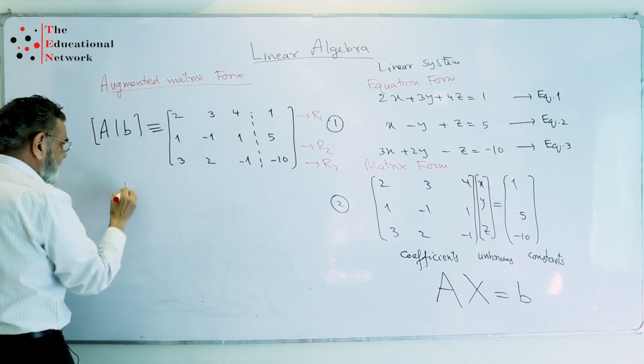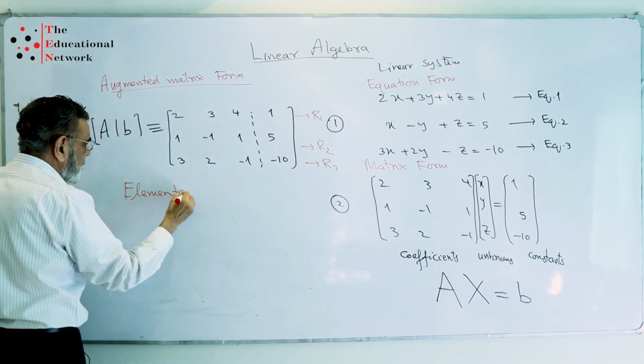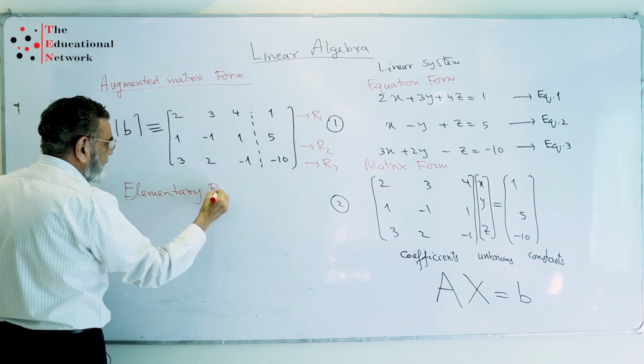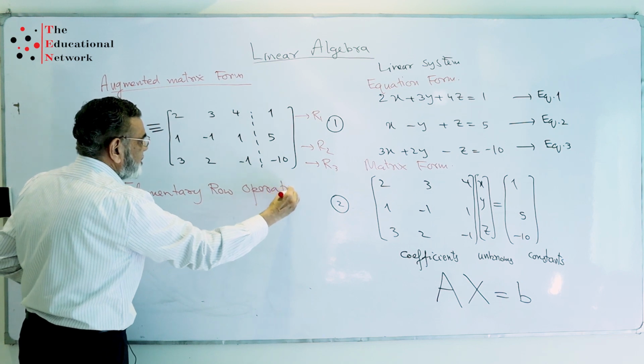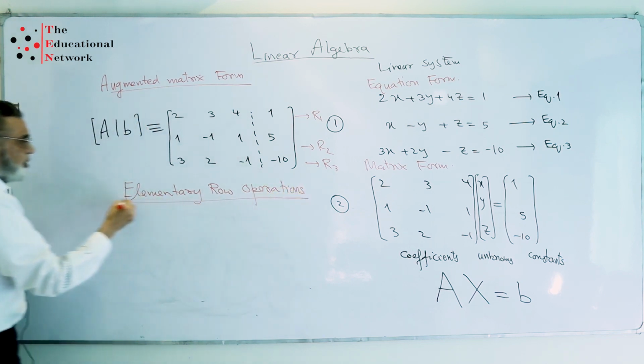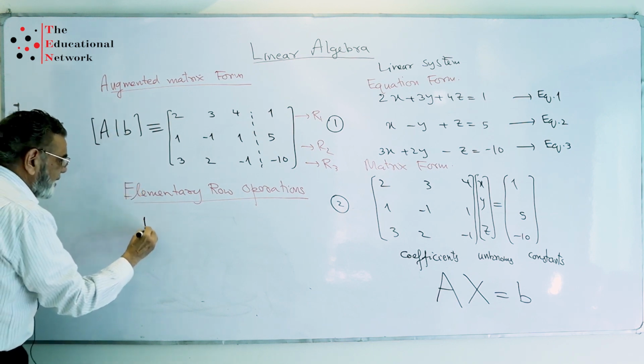So if I define my elementary row operations, now I can redefine my definitions from the equations in terms of rows. The first one is, in my augmented matrix form, I can interchange 2 rows.